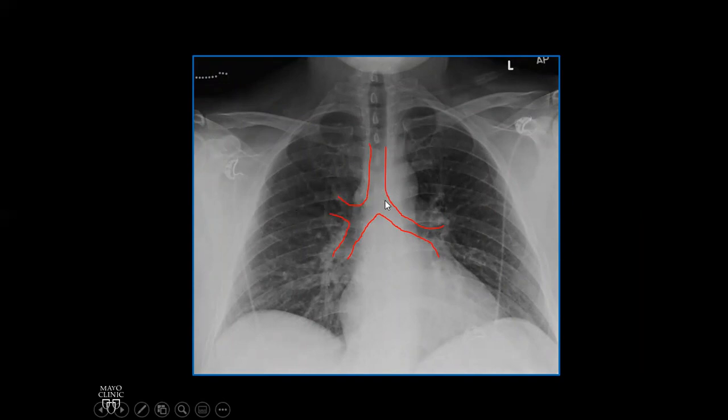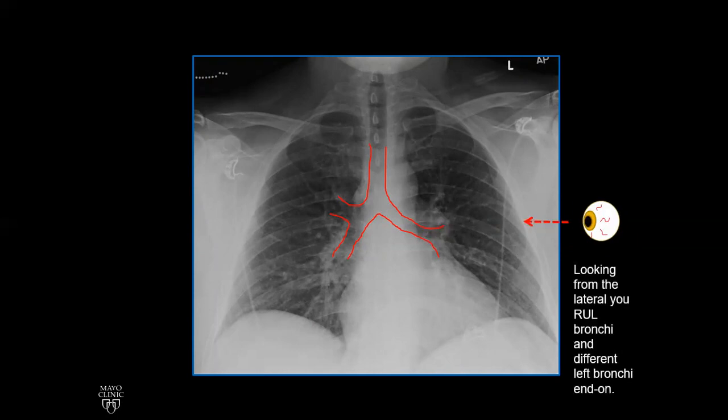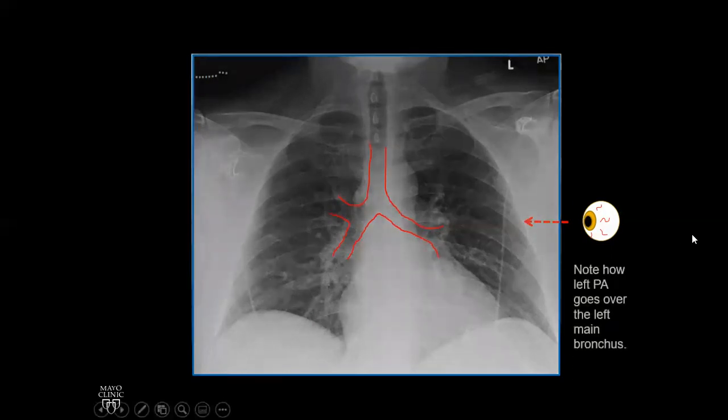On the other side, we have this long left main bronchus. And so if you look about here, you can sometimes see the left main bronchus itself, or one of its branches, the left upper lobe or left lower lobe branches. If you're looking from the side, you'll see the right upper lobe bronchus end on, and one of the lower lobe bronchuses end on.